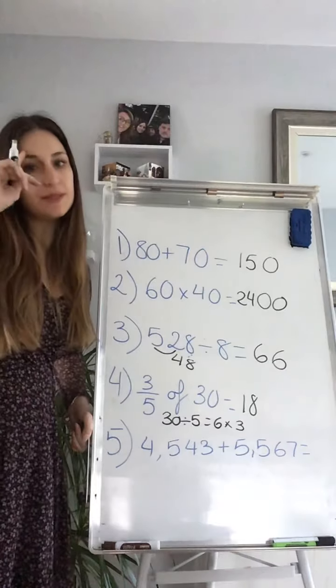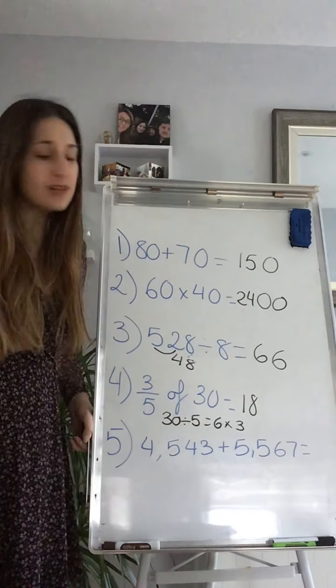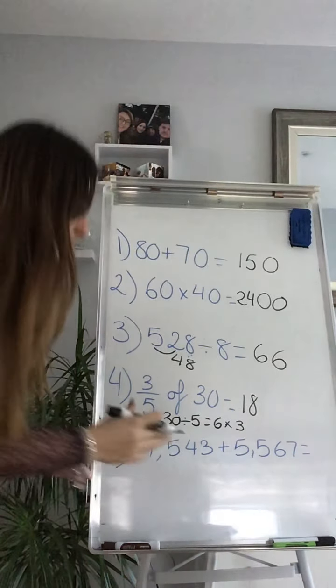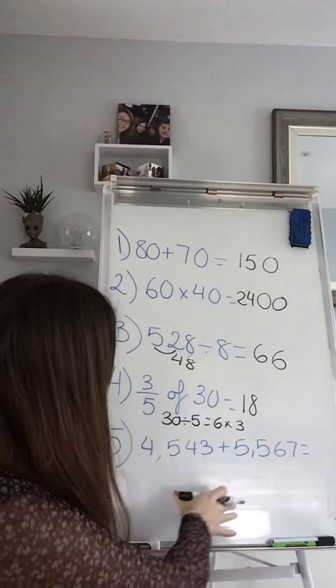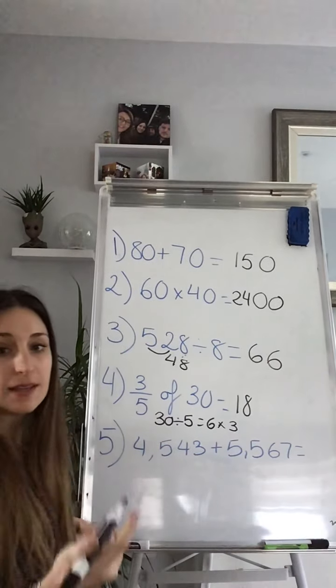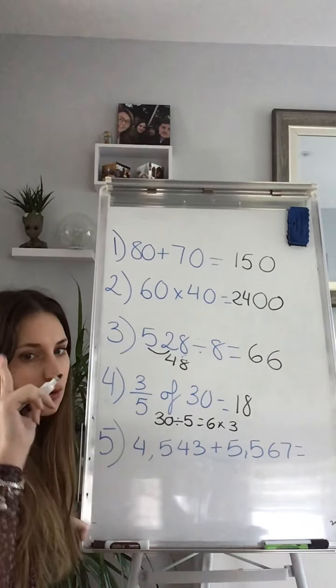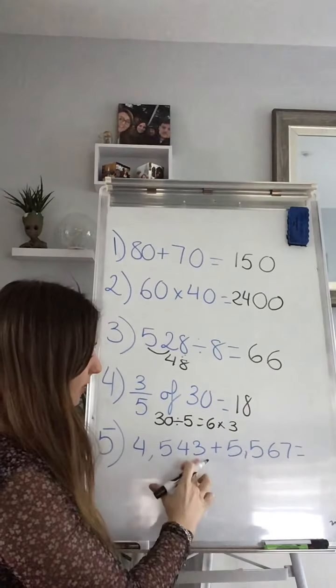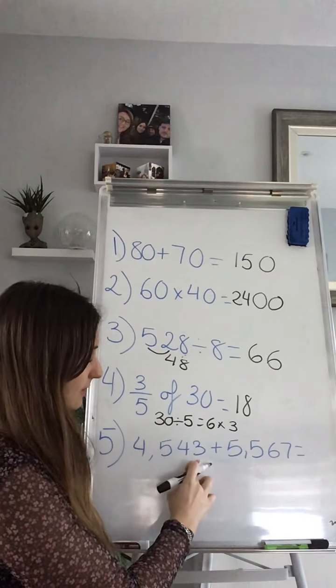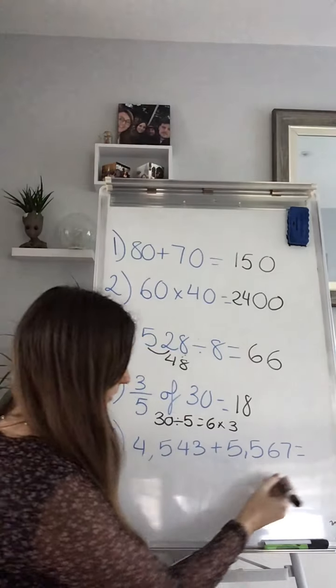Okay? Let's go to my last one. Again, you could do it mentally. If you cannot, no worries. You can do it in a long column method. Okay, let's try to do it jotting or mentally. 7 and 3 is 10.